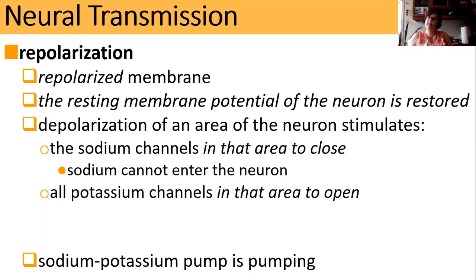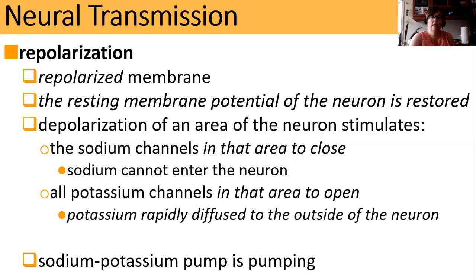So what we end up with, we start a wave of depolarization, right? Sodium ions are rushing in, and then we have a wave of repolarization where potassium ions are rushing out. Okay. So potassium rapidly diffuses to the outside of the neuron.